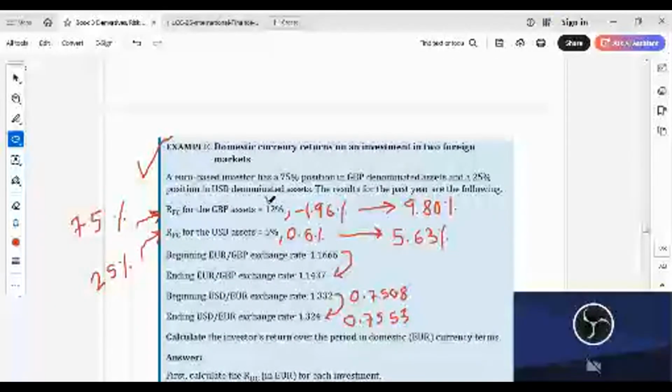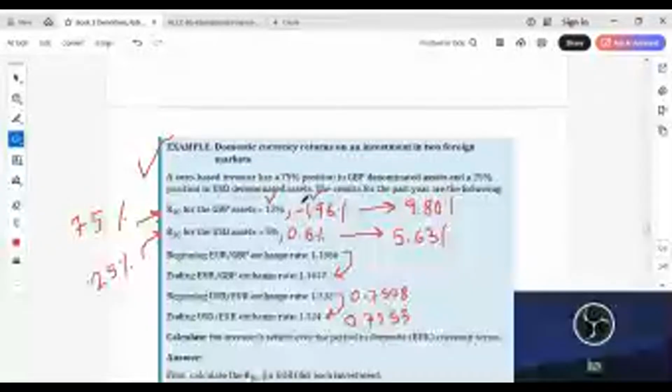This around 0.98. Minus 1.96%, so 1 minus 1.96 by 100.